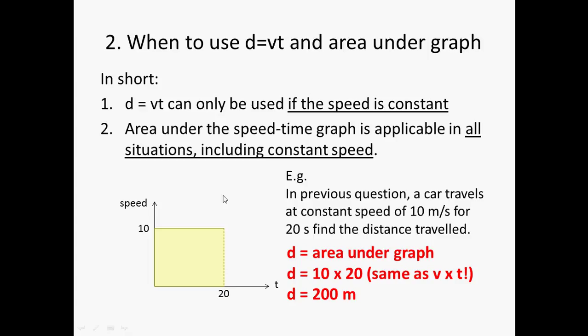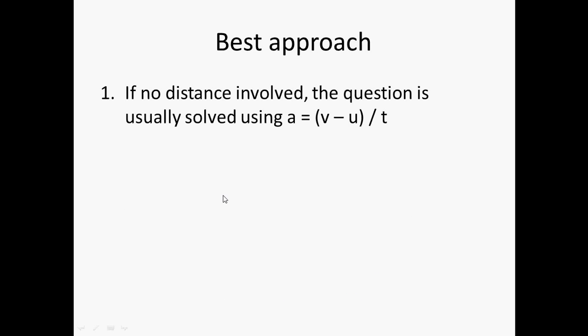So in short, it seems that area under the speed time graph has already replaced distance equal to speed times time in all scenarios. So what is the best approach? If no distance is involved, that means the question is always about acceleration, speed, velocity and time, no distance, no displacement.